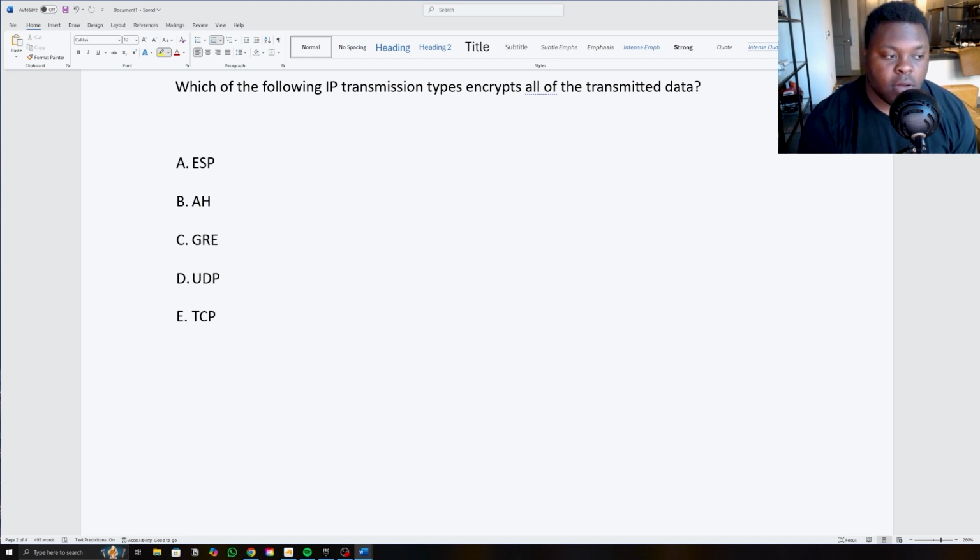And I think that also goes for answer choice E, which is TCP, or transmission control protocol. Again, UDP and TCP do have encryption, but they only have encryption with the use of TLS or SSL. And so the only one that encrypts payloads is ESP, or encapsulating security payload. So I'm going with A.